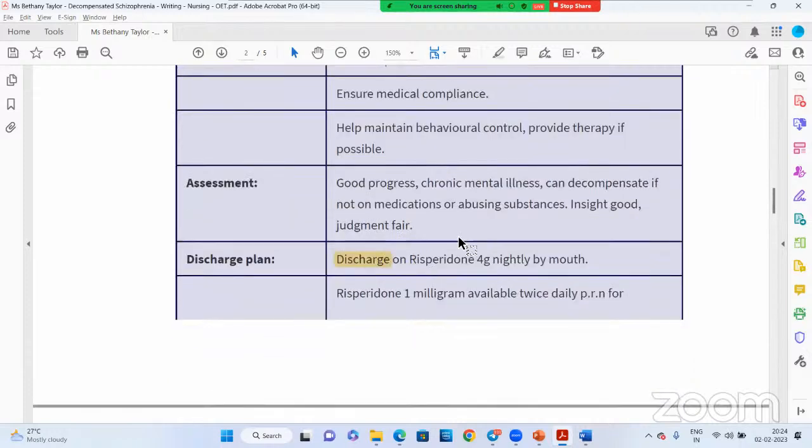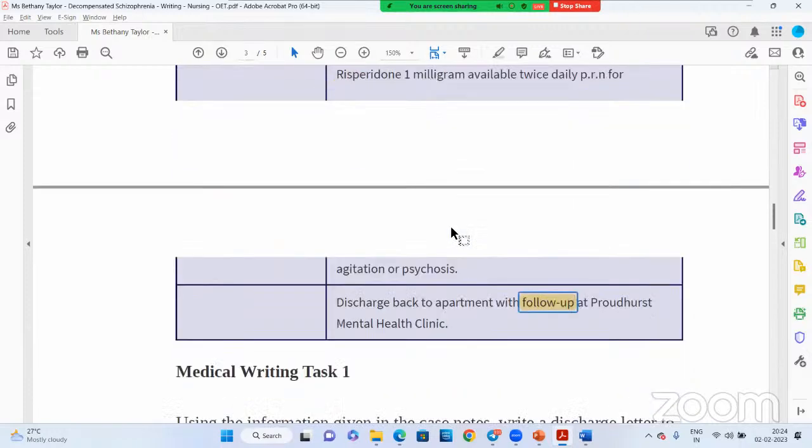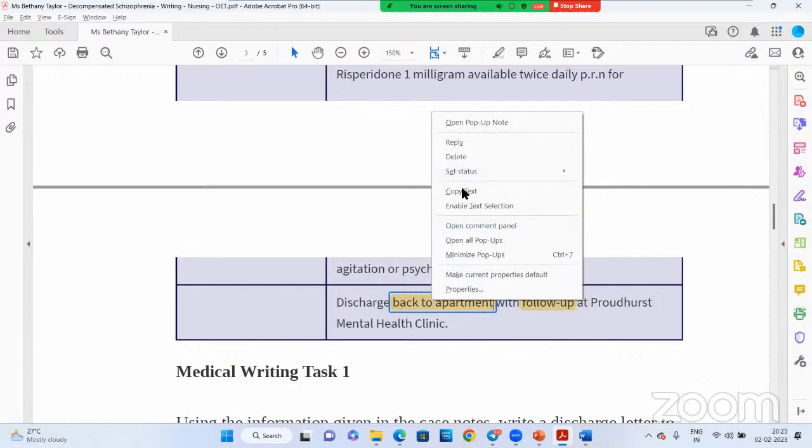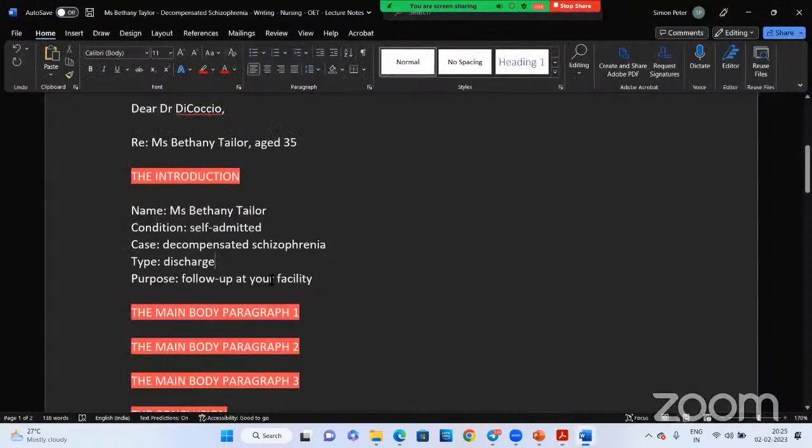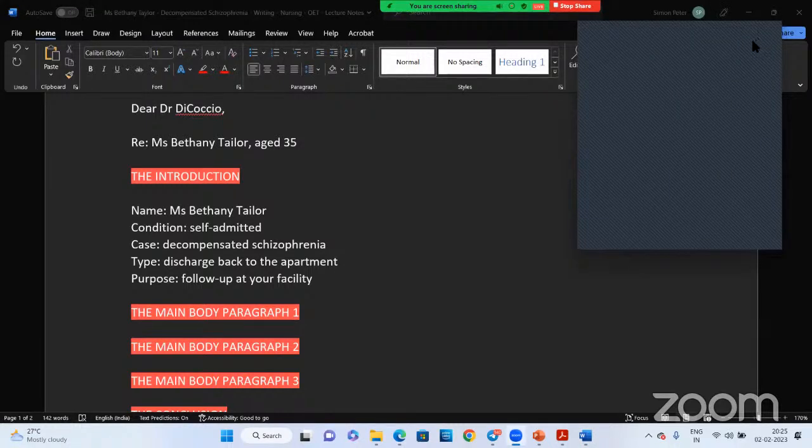So it's not a transfer letter. Discharge back to apartment. She's going back to apartment. Okay. Discharge back to apartment. Copy text. Discharge back to the apartment or her apartment. See how I'm picking up the answers, information from the case notes. Discharge back to the apartment. Right.